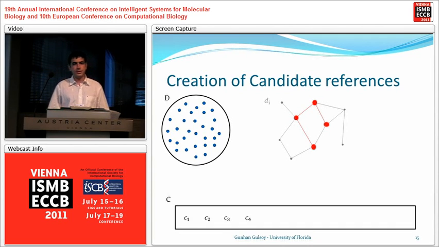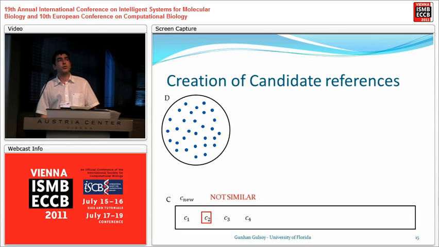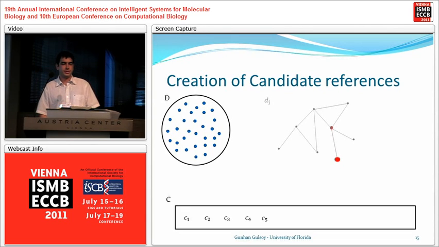Then when we have the seed, we align this seed with all the earlier candidate references we already created. If there is no redundancy, if there is not any network that is similar to this one, we can safely add it to our candidate reference set.